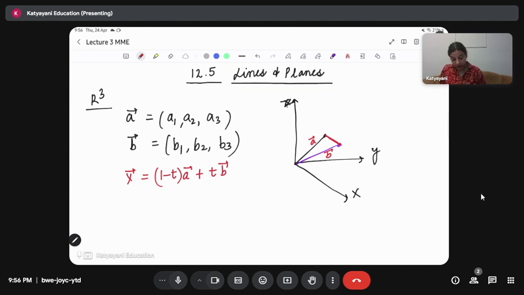Now this was for when t lies between 0 and 1, but if t takes any real value, then this would cover the entire line L. So this would be a line L here, right?